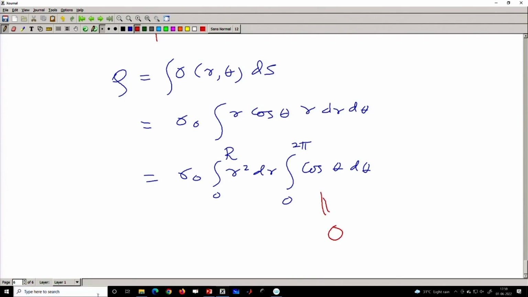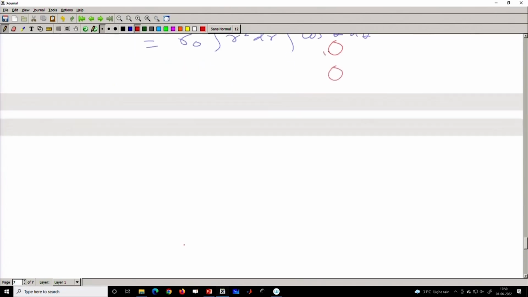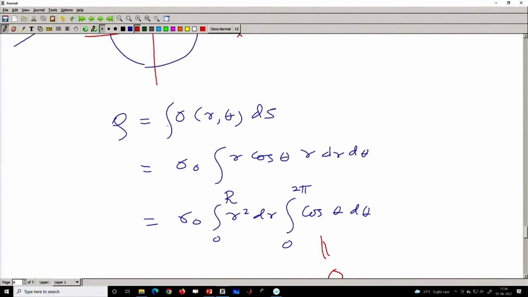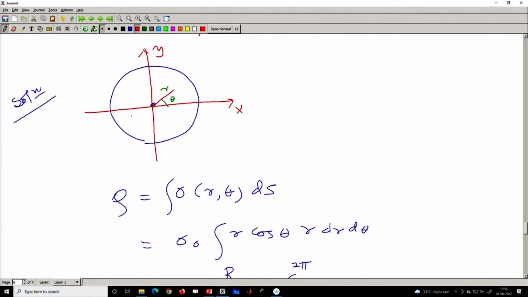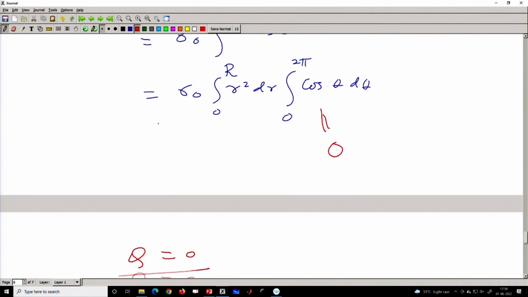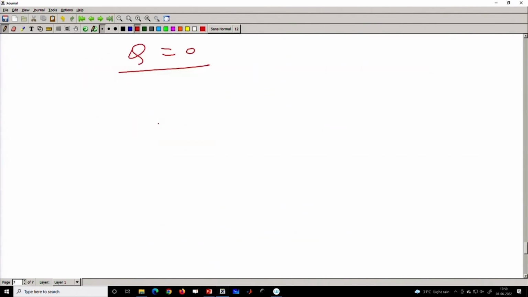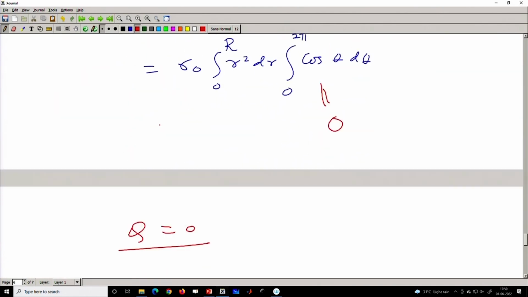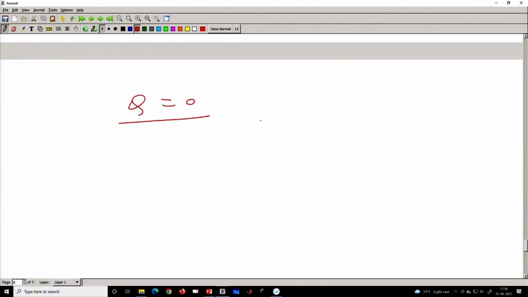So, if this is 0, then we simply have q equal to 0. So, monopole moment will not be there. The charge distribution is in such a way that total charge is 0. So, the positive and negative charge are equal. So, there is no net total charge.